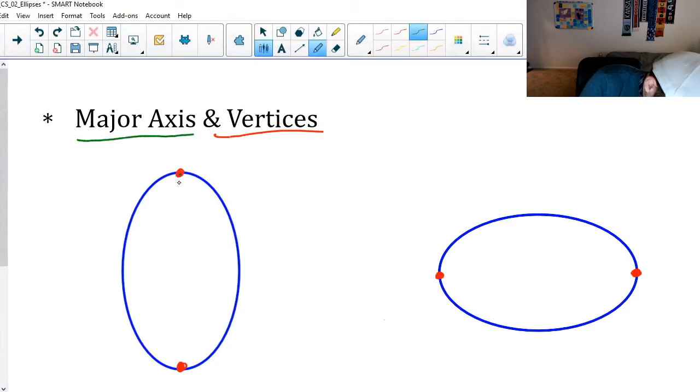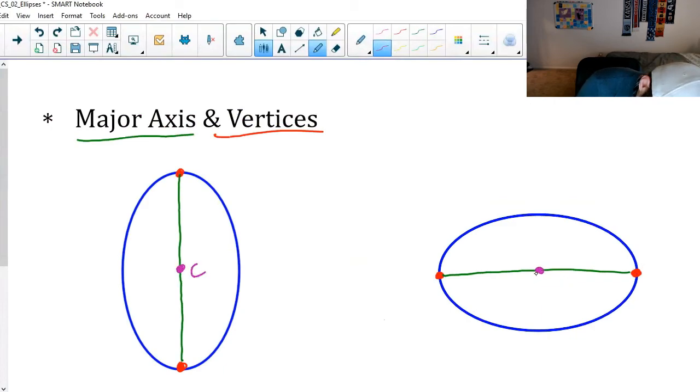The major axis connects the two vertices, which goes through the center. So of course, the center here is still (h, k).